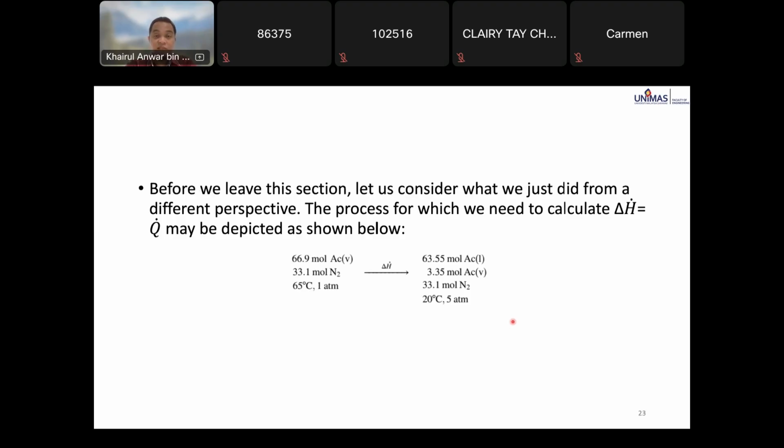Before we leave this section, let us consider what we just did from a different perspective. The process for which we need to calculate delta H equal to Q may be depicted as shown below.